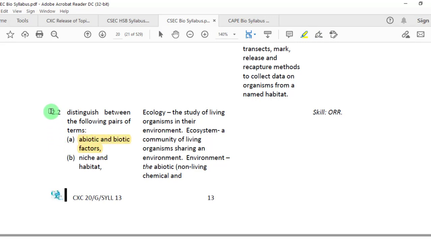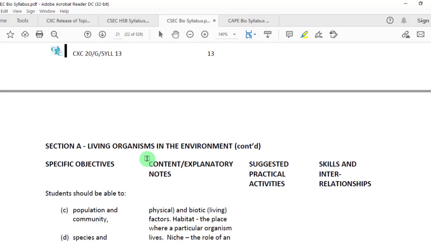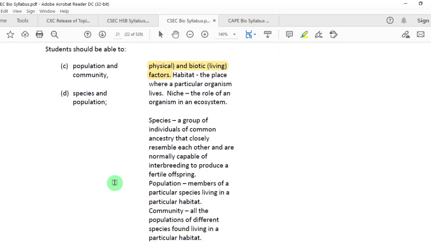So this objective is important in terms of defining abiotic and biotic, right? Even the explanatory notes kind of spell it out for you here, right? But that's not it, because what may happen to some people is they think, oh, okay, so I just have to define it and that's it. No, yeah, there's a lot more to it than that.